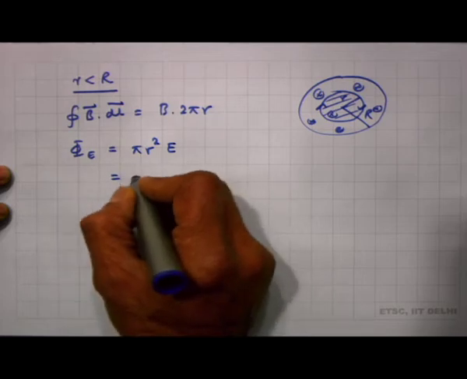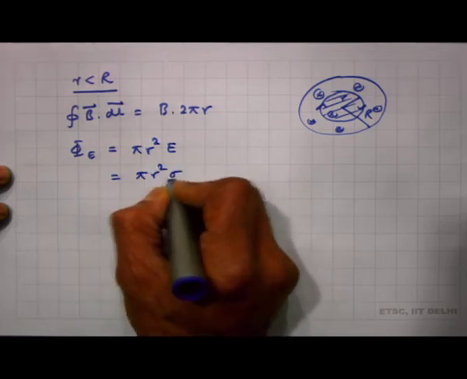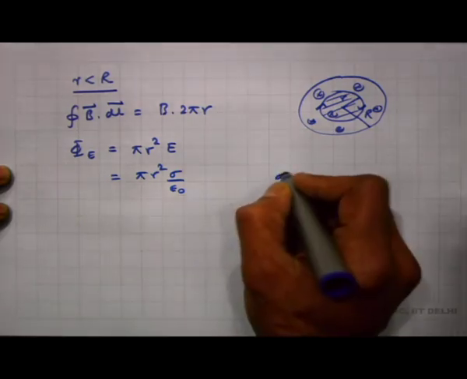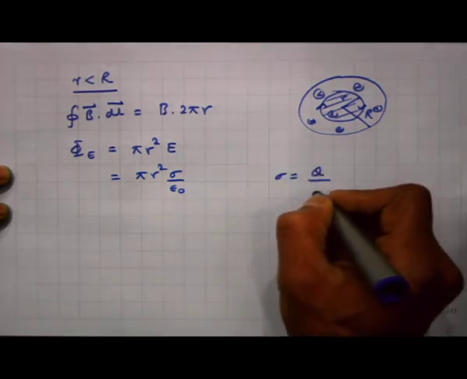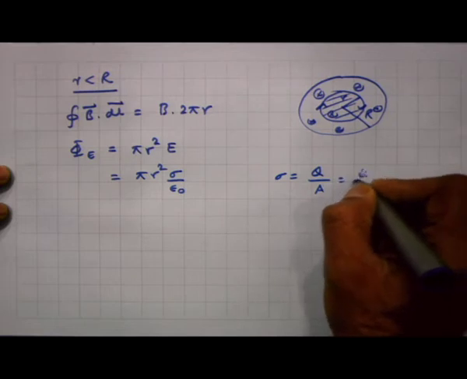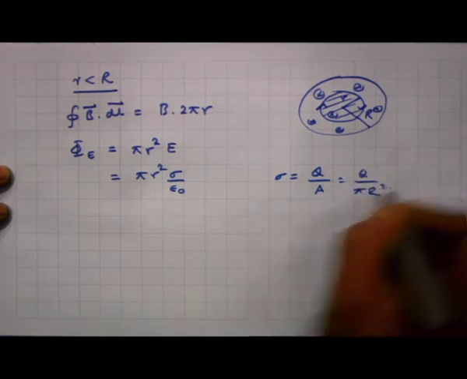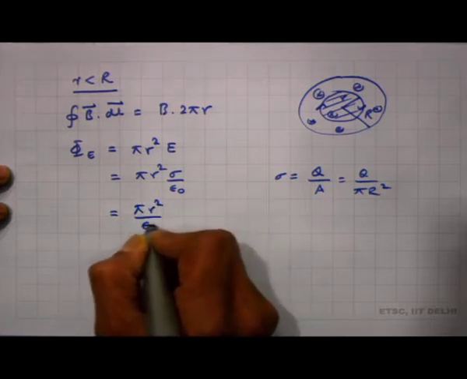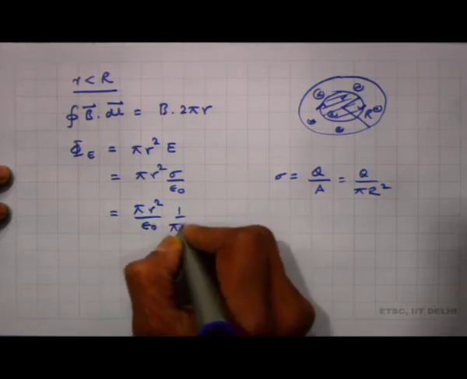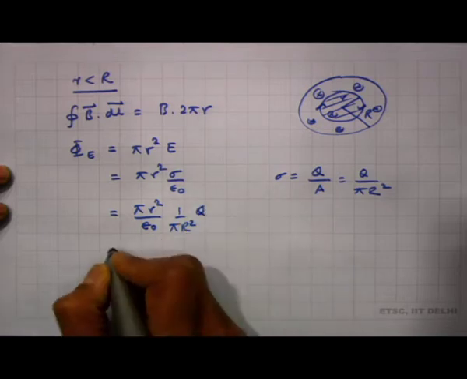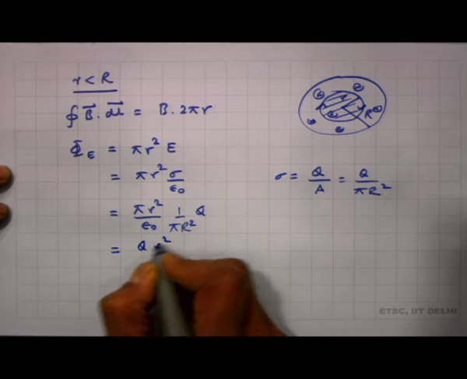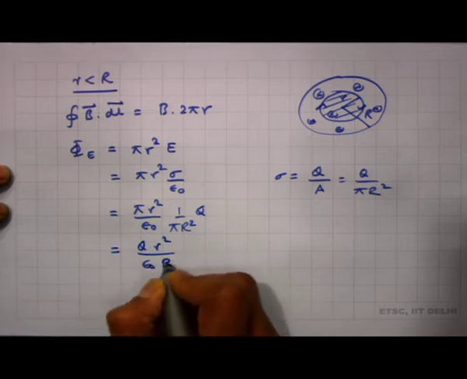E is nothing but sigma by epsilon 0. Sigma is the surface charge density, which is q by the area of the plates, which is q by pi capital R square. So, this is equal to pi small r square by epsilon 0, times 1 by pi capital R square, times q, which equals q r square by epsilon 0 R square.